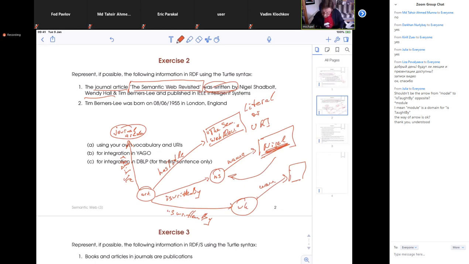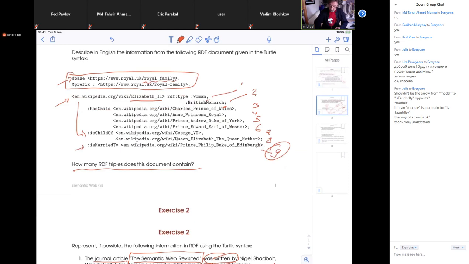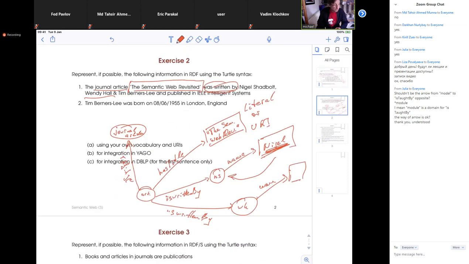Like in the previous example, you see we had here Elizabeth II. It was already a speaking URI which gave her name. And then our journal article, and another one, published by, for example. And here we give a URI of IEEE Intelligent Systems. We can find it on the web.